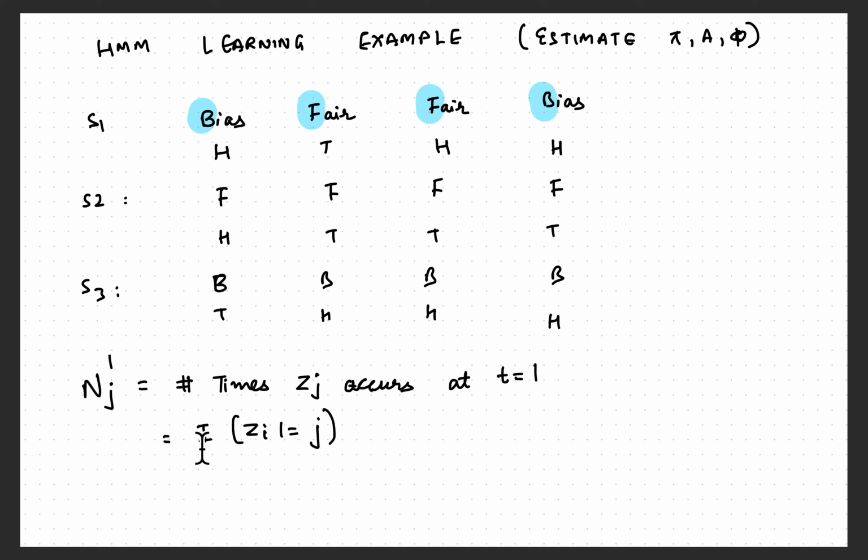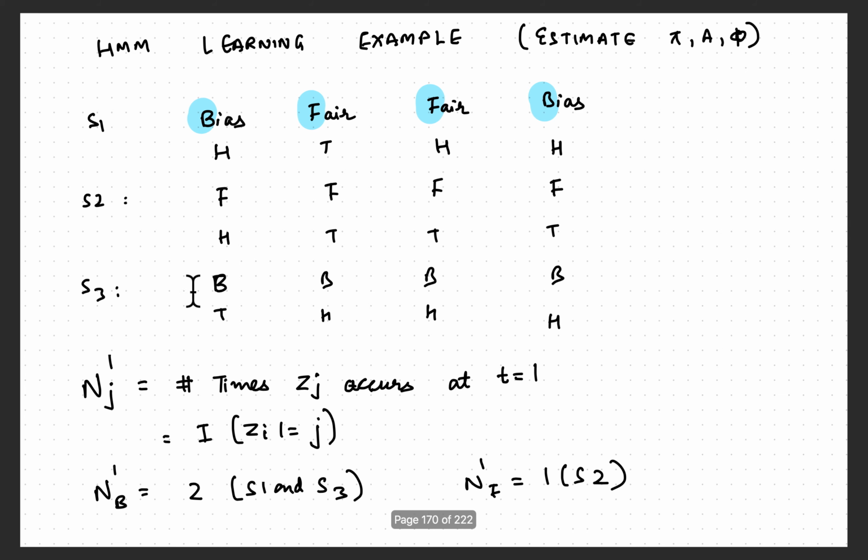This is basically telling us, for each of the jth states, how many times is it occurring over the different sequences. You can see that bias occurs in the first state twice and fair occurs once in sequence 2. So n1b is 2 and n1f is 1.